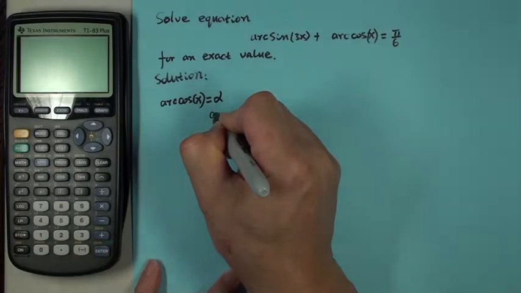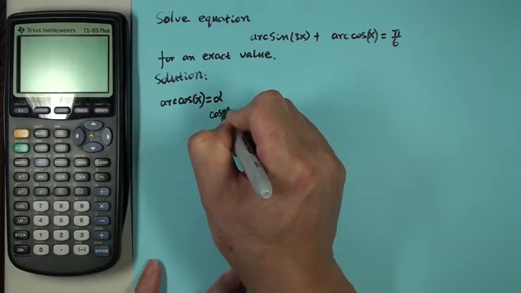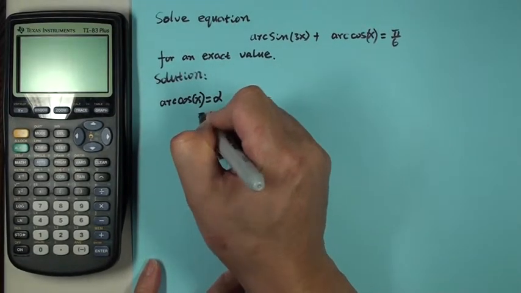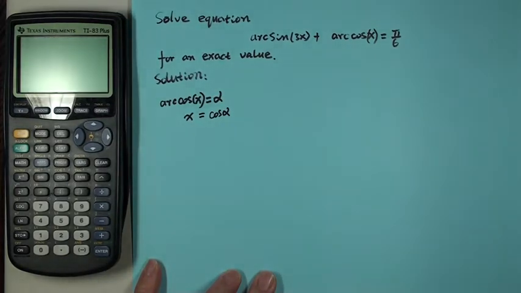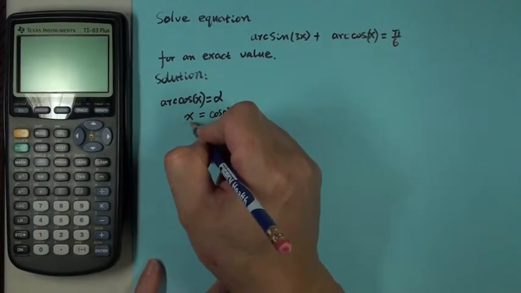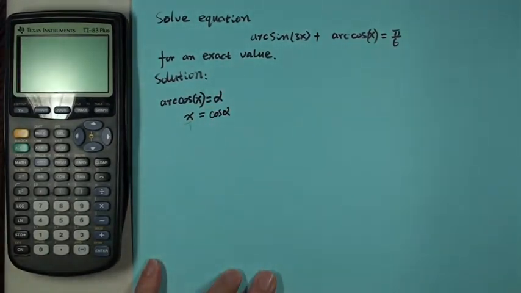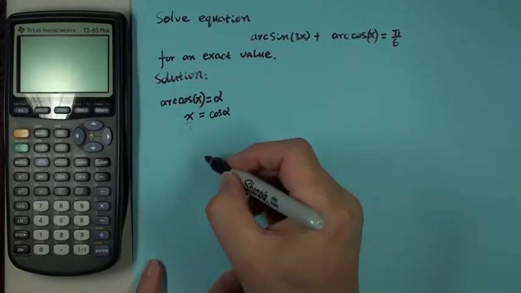Then cosine alpha is actually x. We know cosine alpha is x. X is actually what? X is actually x over 1. Everyone knows that. Why do I need to put a 1 over there?